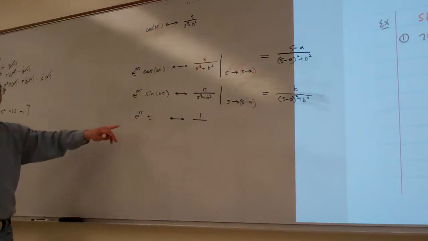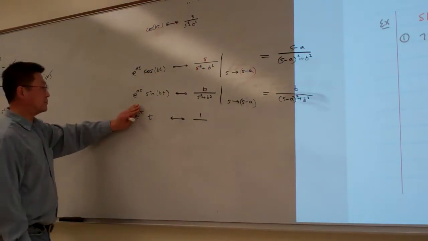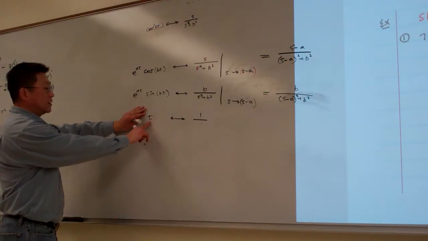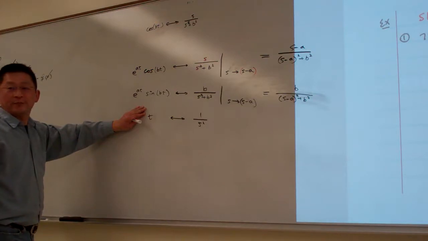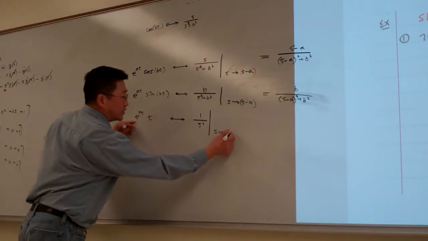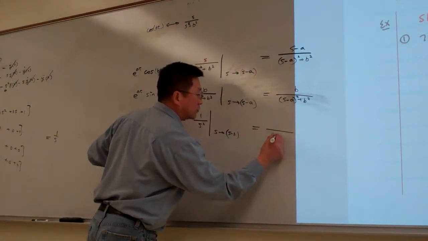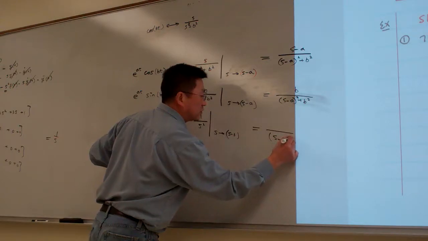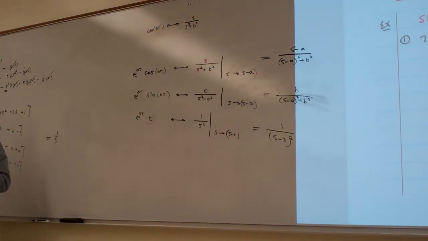Sorry, my typo: that should be the exponent multiplied with this one. So cover up this. The Laplace transform for this one is 1 over s squared, right? Then you replace s by s minus 3. So that one will be equal to 1 over s minus 3 squared. Any questions? Should be very straightforward, right?